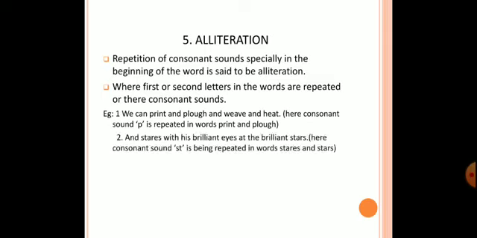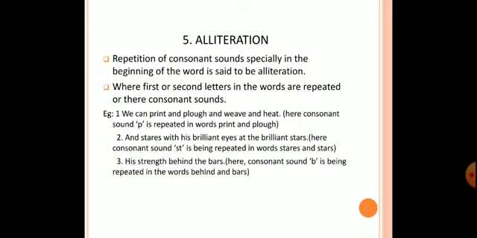Second example: and stares with his brilliant eyes at the brilliant stars. Now over here, the consonant sound ST is being repeated in the words stares and stars. So this becomes alliteration. Third example: his strength behind the bars.